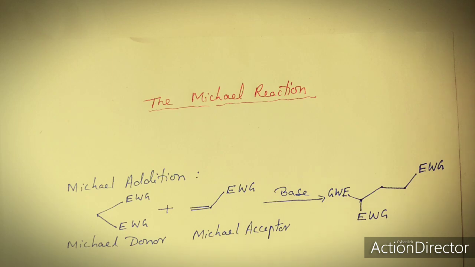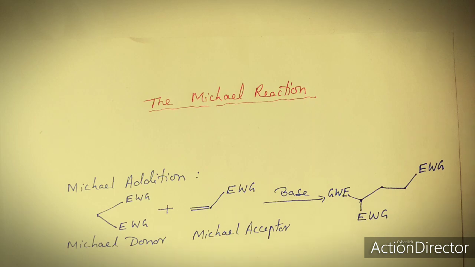The Michael reaction is a very simple, interesting and at the same time useful reaction to create carbon-carbon bonds. It converts an activated methylene compound and a conjugated carbonyl to the corresponding addition product by using a base as a catalyst, followed by acid workup.